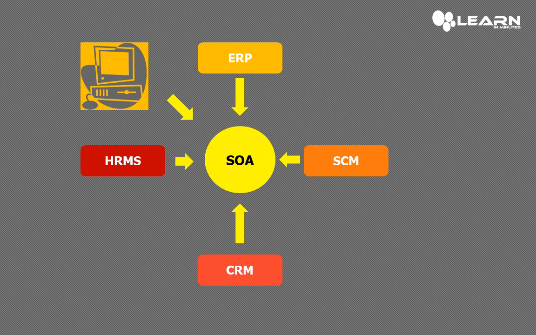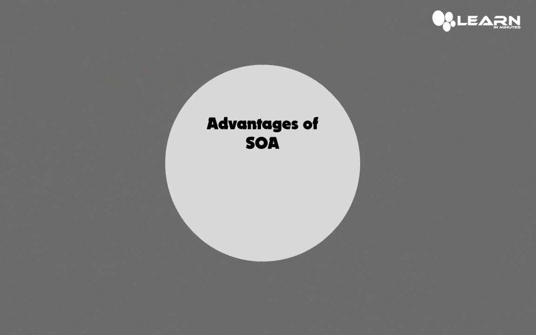Now, what are the major advantages of using service-oriented architecture? The company would get greater flexibility because it need not worry about changing any of its services at any point of time.